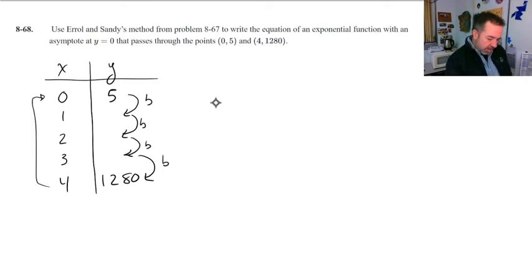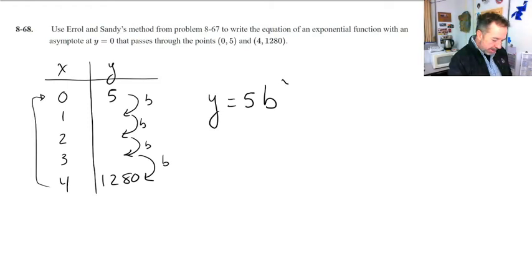So my 0th term is 5, so I've got y equals 5 times b raised to some power x. All I did is I put my 0th term in, 5. The other thing that I know, though, is there's this other point. Oh, and now that I look at it, this is nice.